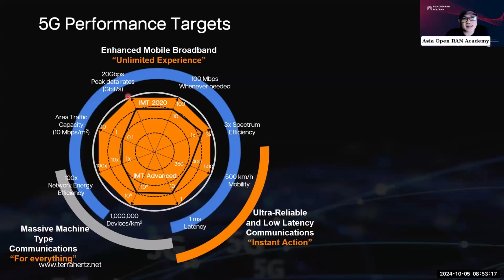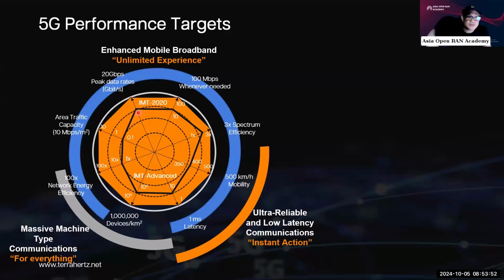For LTE, the target was 1 gigabit per second. But in the first deployment of LTE, the throughput we actually got was around 120 Mbps, when I was in Ericsson during the San Miguel Corporation project. And now there are different networks reaching 1 gigabit per second for LTE.